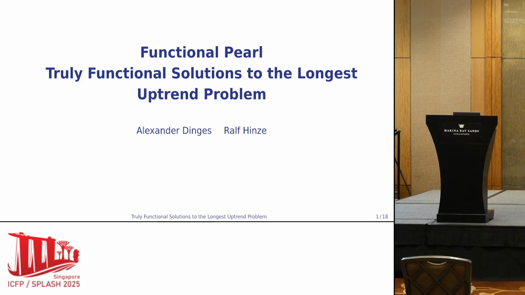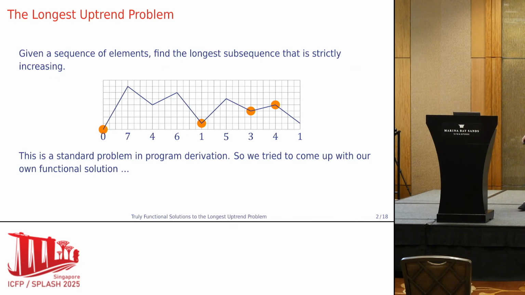For those who don't know the longest uptrend problem, or better known as the longest increasing subsequence problem, here's a brief description. Given a sequence of elements, we are looking for the longest subsequence that is strictly increasing, and the subsequence is given by just removing 0 or more elements from the original data.